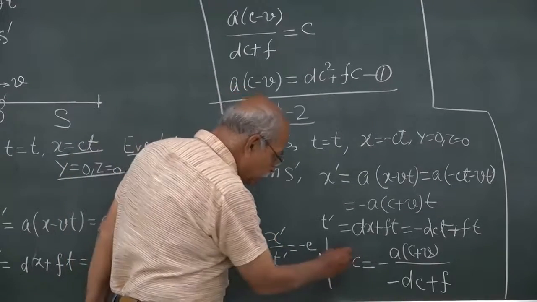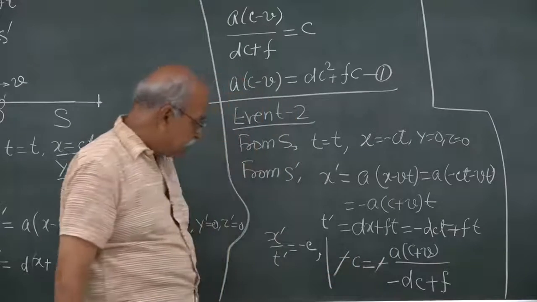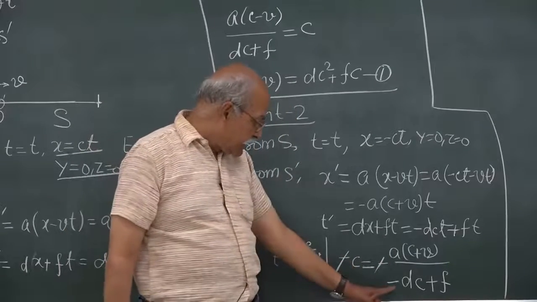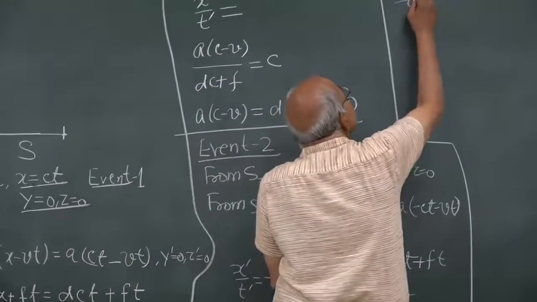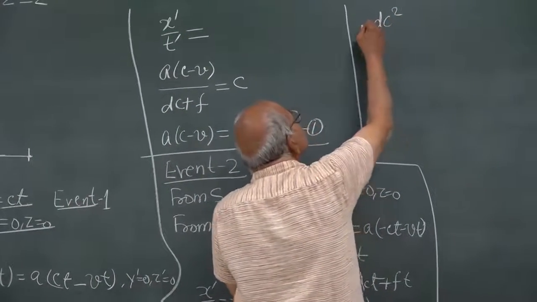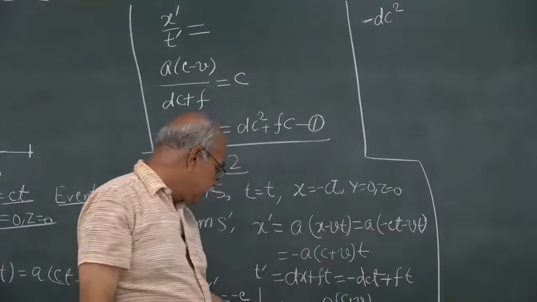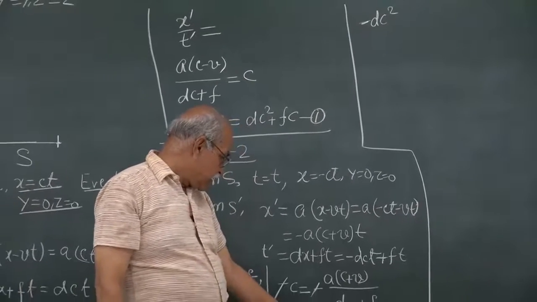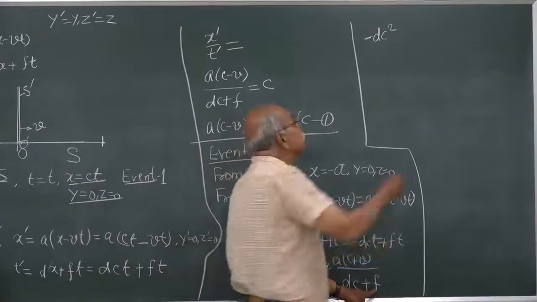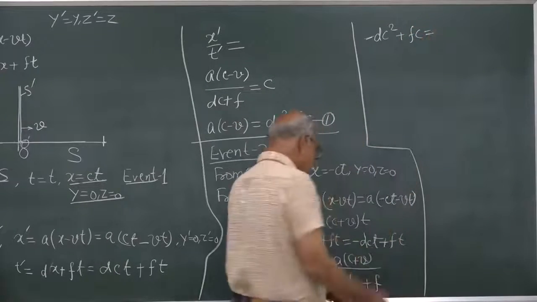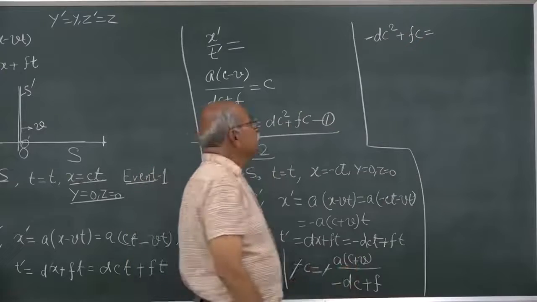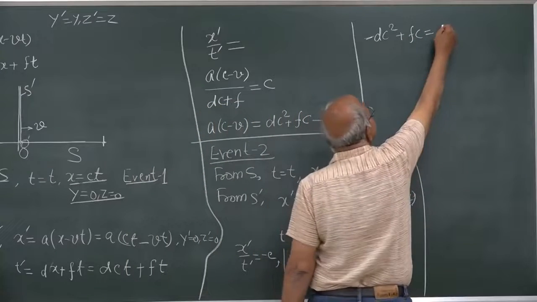You can remove this minus and this minus and then let us cross multiply. So, minus D c square, and then plus F c is equal to this side, A into c plus v.